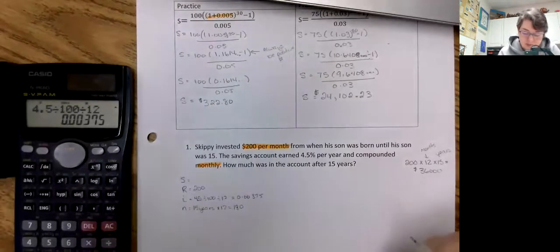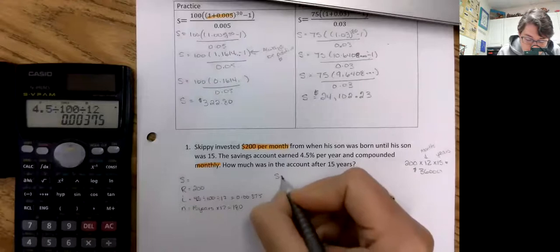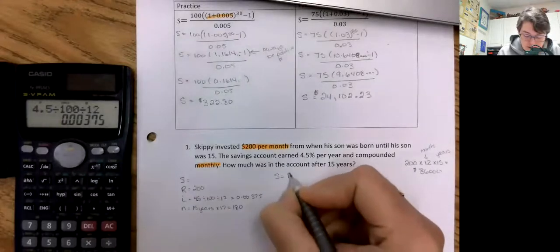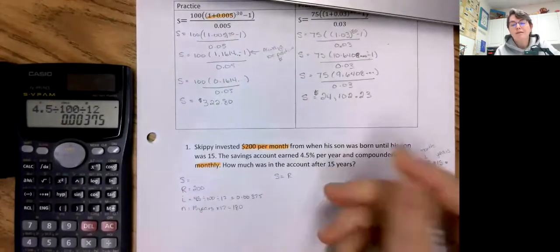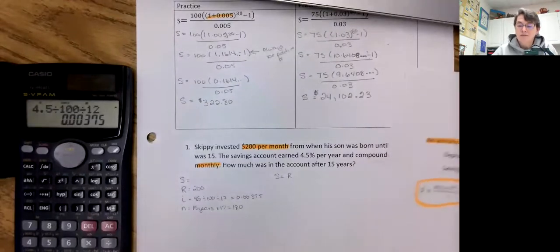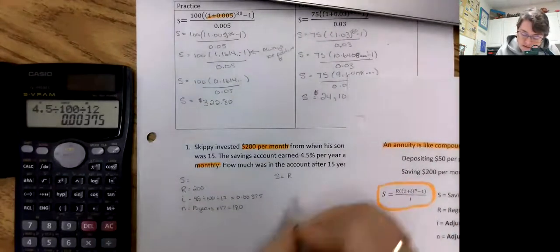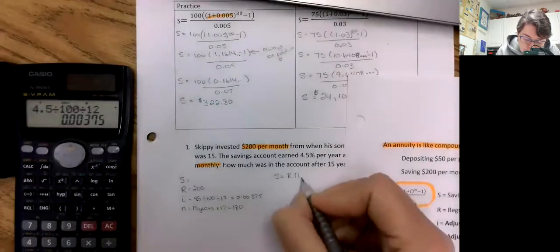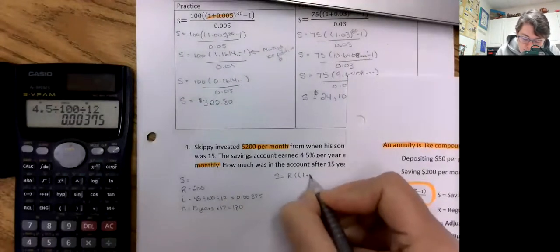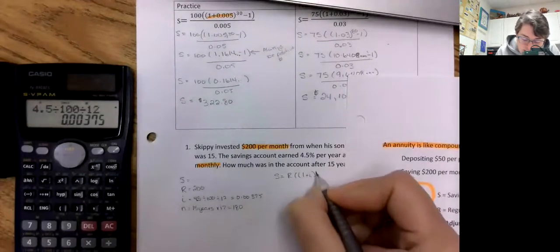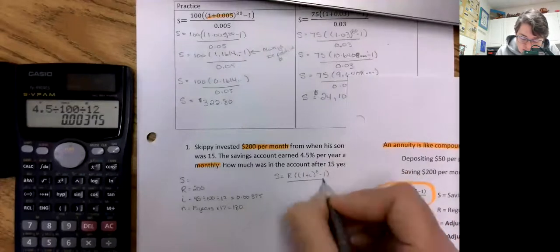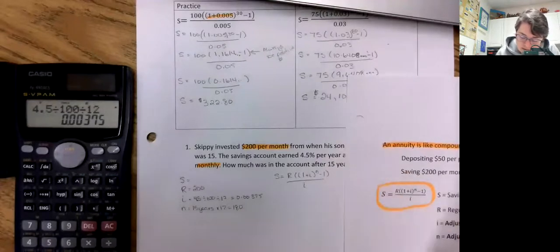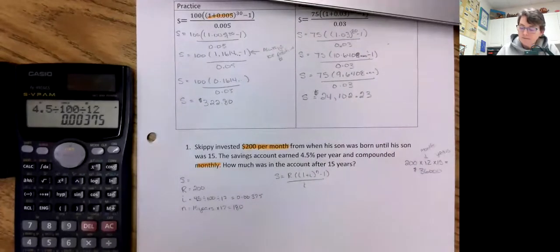And our formula is different, of course. I'm going to recopy it, because it's been a while since I've used it: bracket, 1 plus I to the N minus 1, over I. Okay, we're good to go.